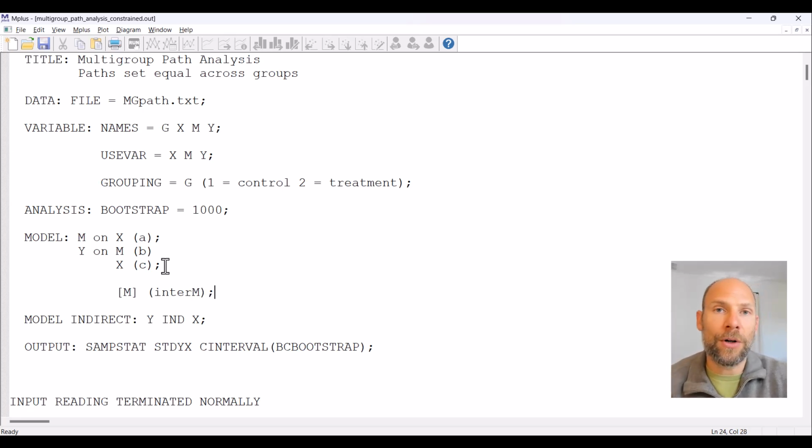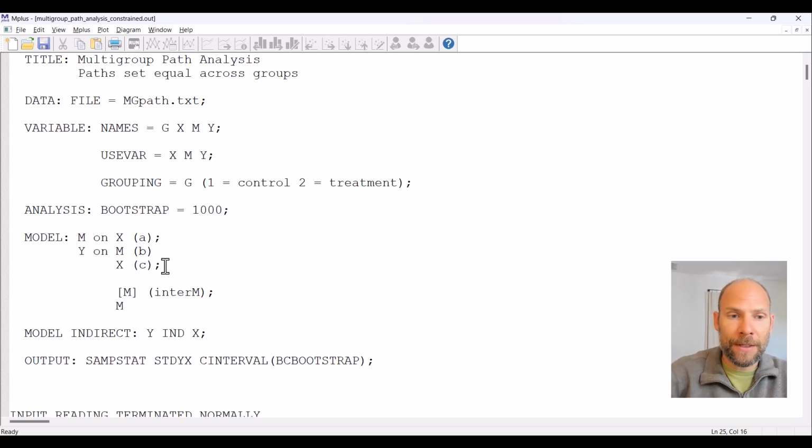Then this would also be set equal across groups if you wanted to test that. And the same for the residual variances. You could specify M as the residual variance for the mediator, and then say this is, for example, residual M. So all you have to do is specify the parameter and give the parameter a label of your choice, and then Mplus will set the parameter equal across the groups in your analysis.